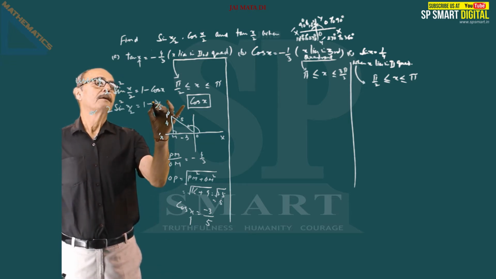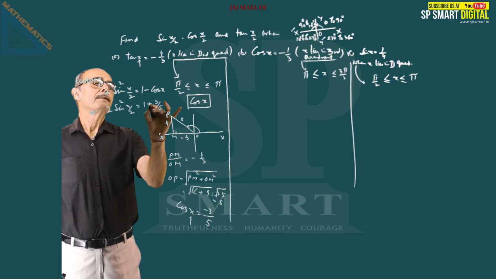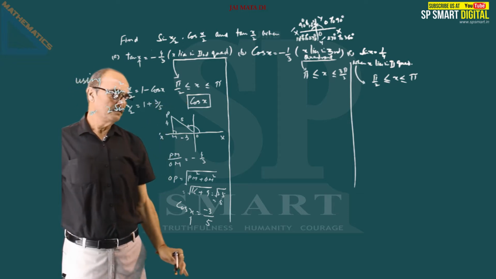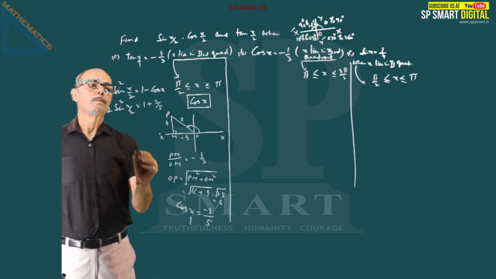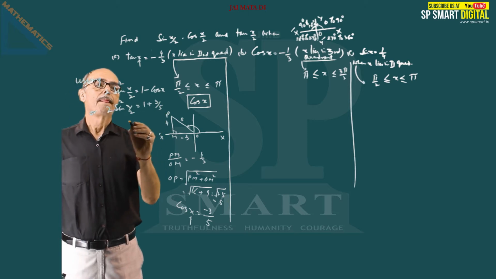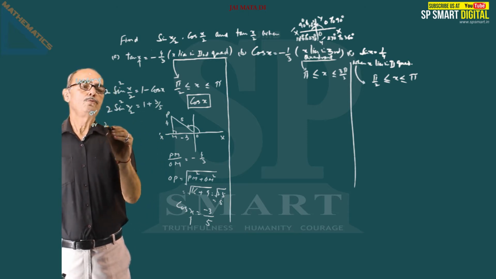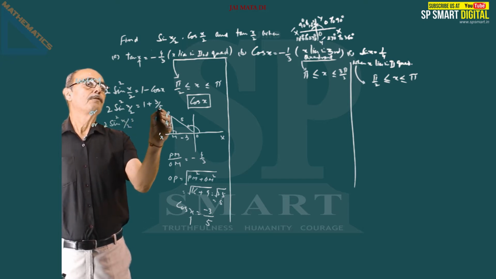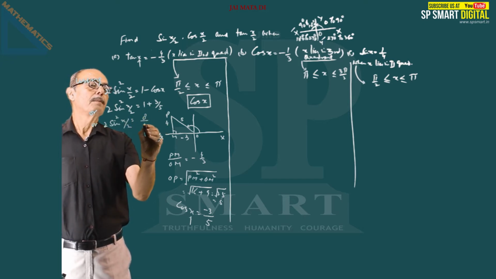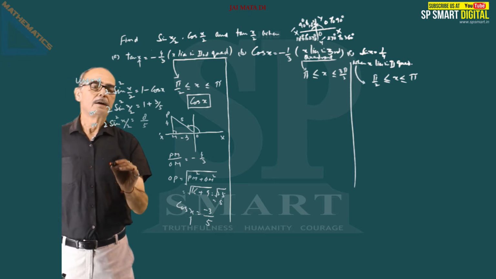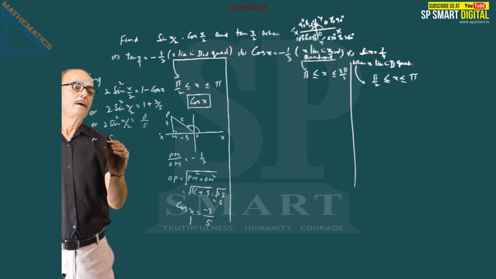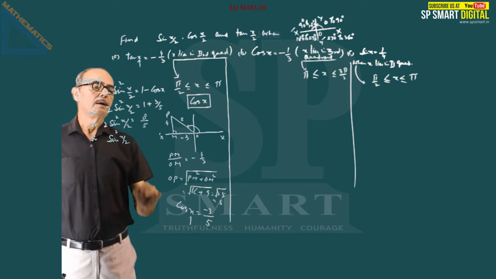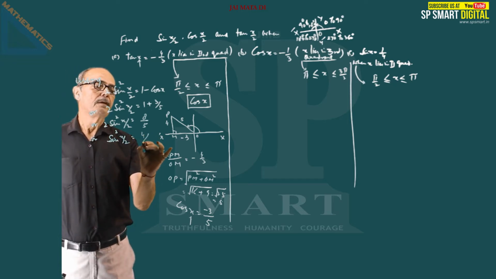Minus and minus becomes plus here, because cos x is minus 3 by 5. So 2 sin square x by 2 is 5 plus 3, 8 upon 5, or sin square x by 2 equal to 4 by 5, dividing both sides by 2.